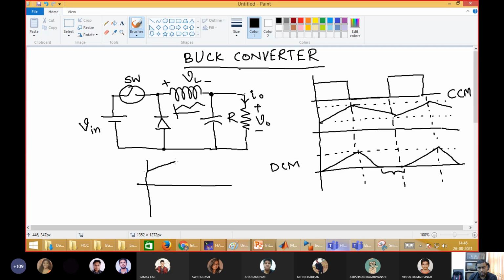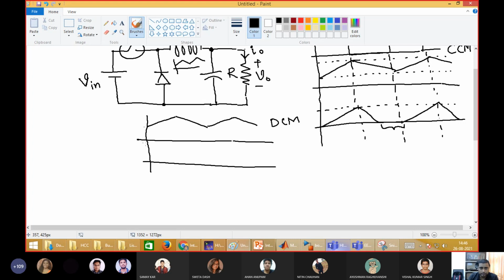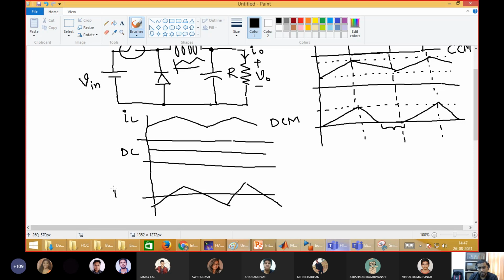This current can be thought of as one DC component of current and one ripple component of current. So this is the IL, and it is DC plus ripple. The summation of these two will give this.